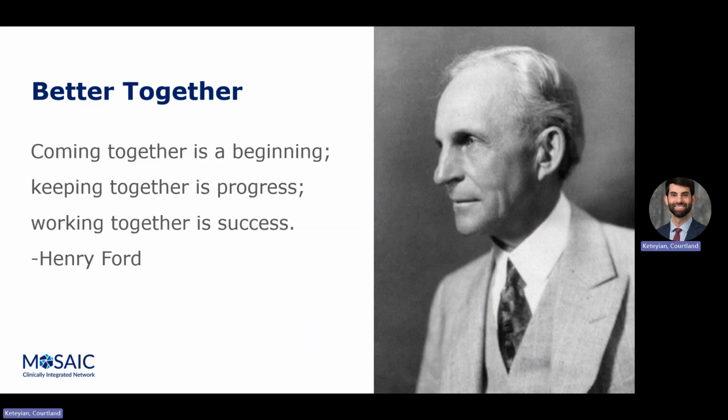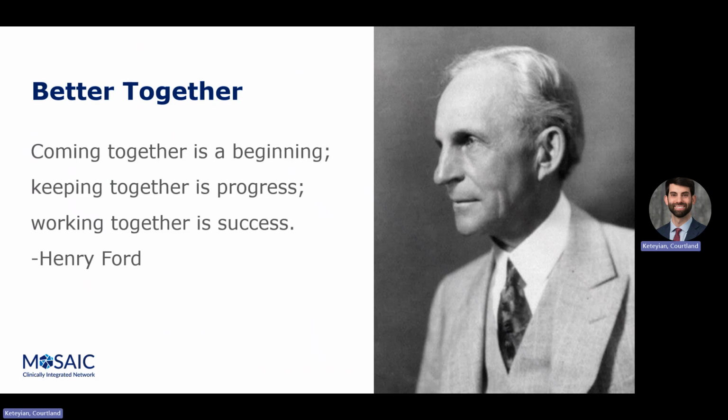So to put a summary on this, the clinically integrated network was about coming together and recognizing that we were better together. I've talked about contracting, credentialing, analytics, a unified clinical integration or pay for performance program, as well as aligned incentive distribution and a team-based approach from an administrative perspective.